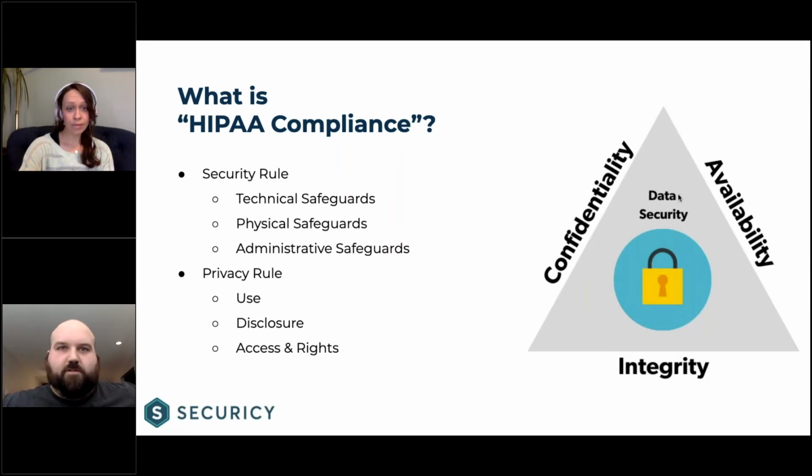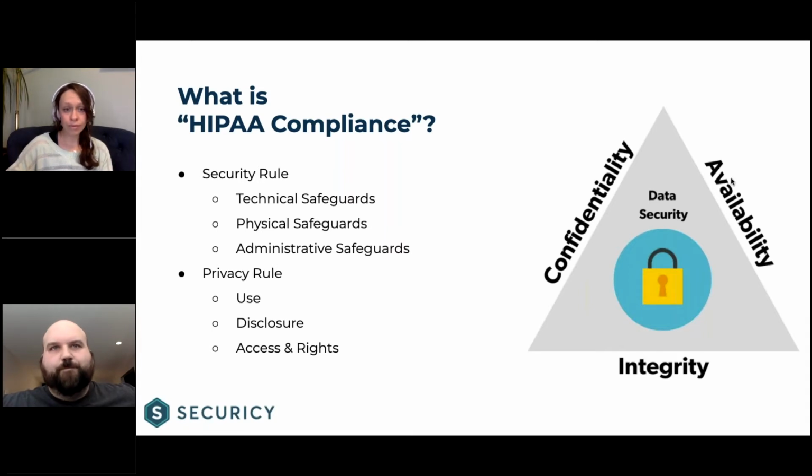And administrative safeguards are the security policies, your procedures, workflows, and any kind of tools that you use to make sure that you can protect the confidentiality, integrity, and availability of the ePHI. An example of this might be a business continuity or disaster recovery plan.